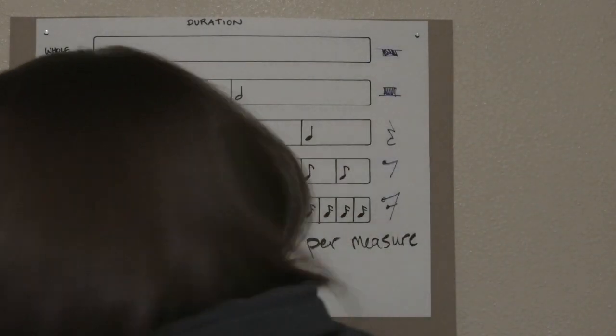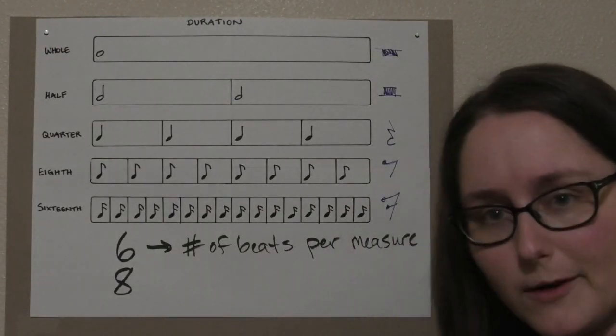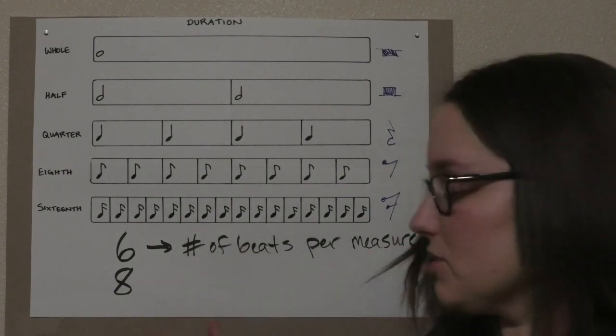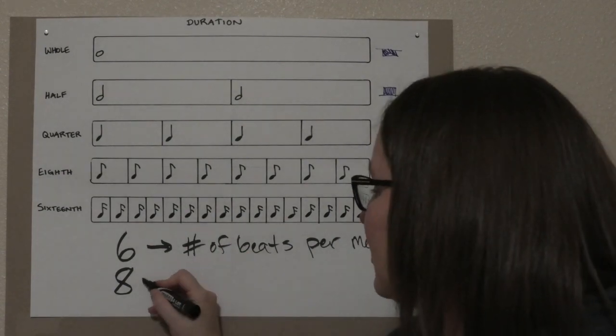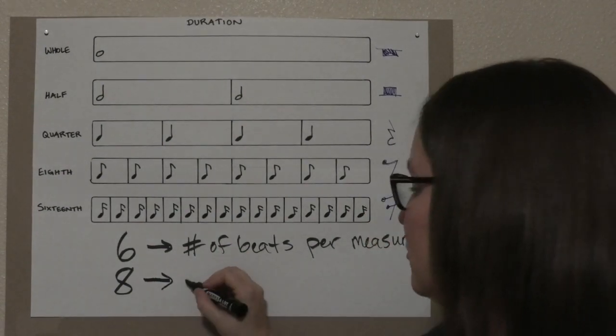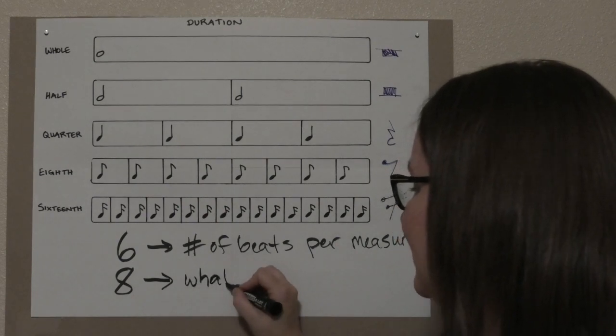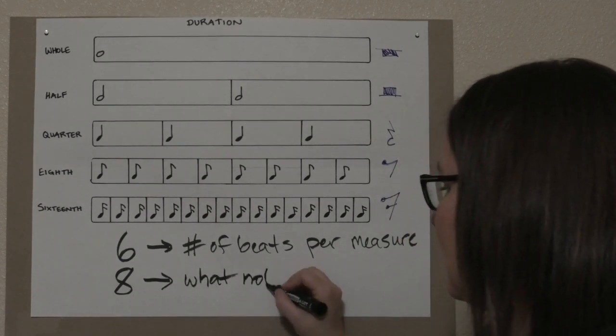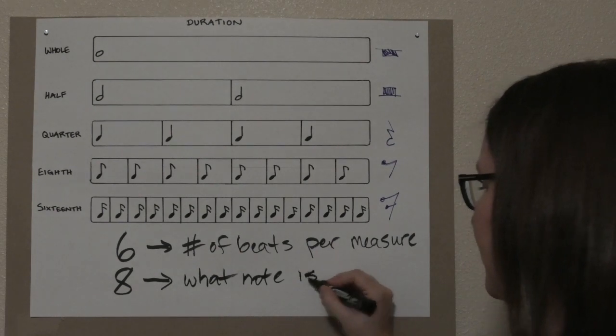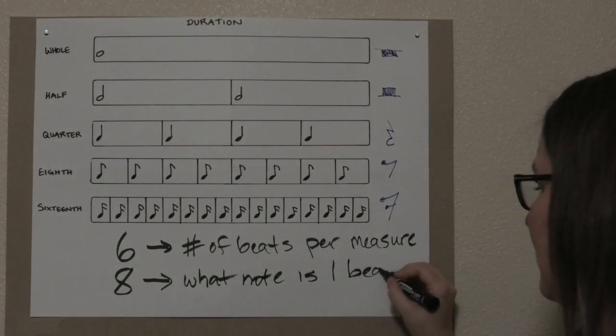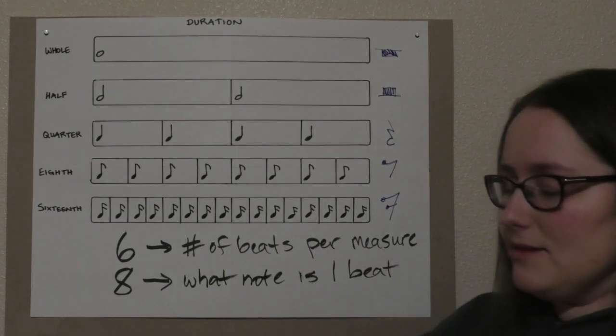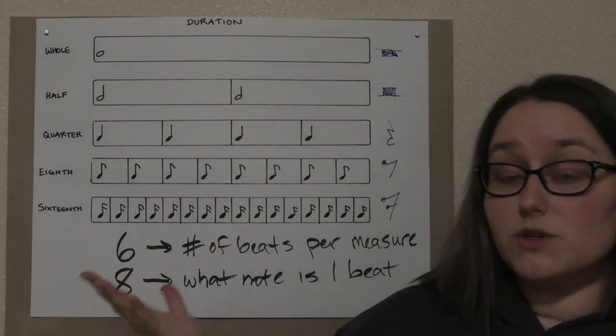Now the bottom number is more about what we're talking about right now. The bottom number tells you what kind of note is 1 beat. Remember that the number of beats each note or rest is worth can change.